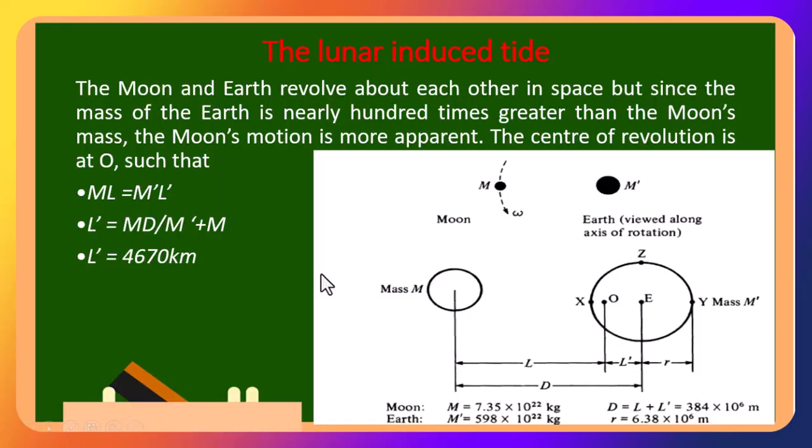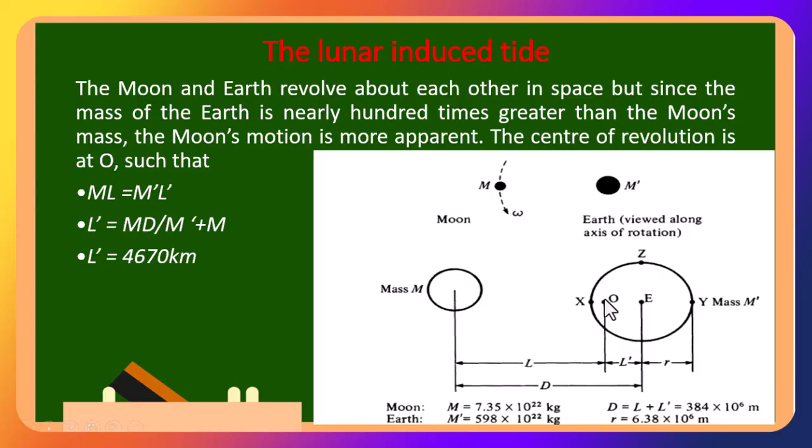Just see that the moon and earth revolve about each other in space, but since the mass of the earth is nearly 100 times greater than the moon's mass, the moon's motion is more apparent. The center of the revolution is O. Let us take this as earth and this as the center of revolution.